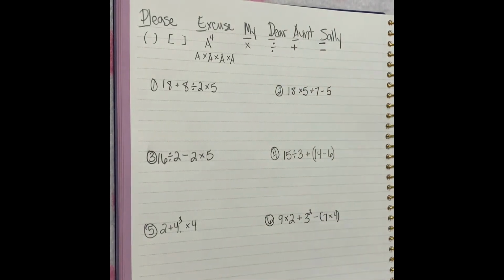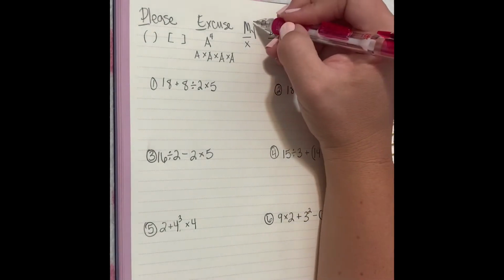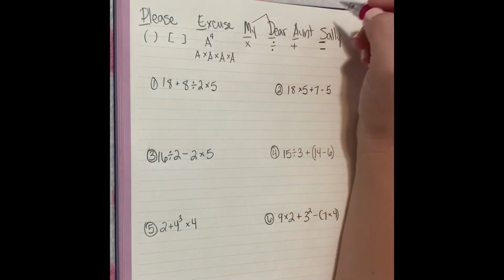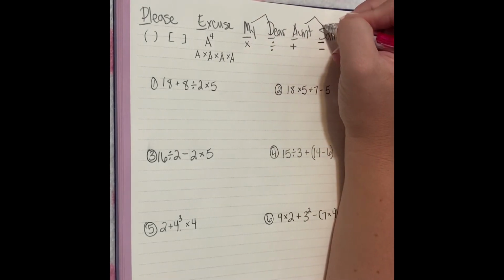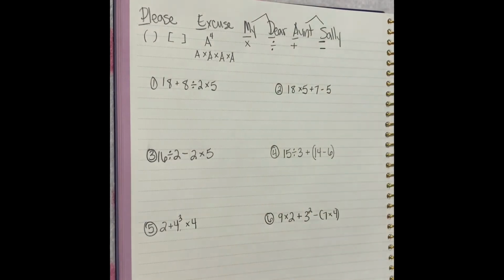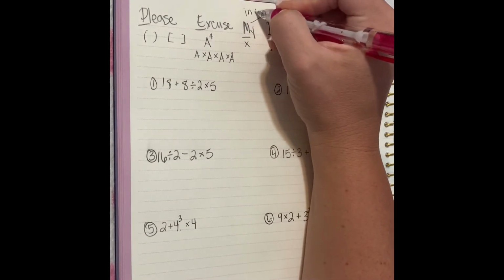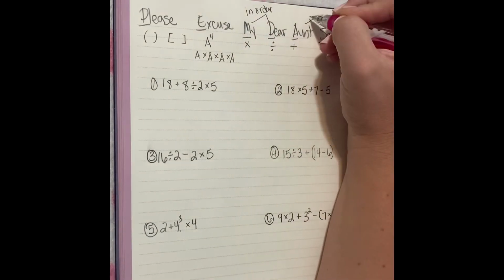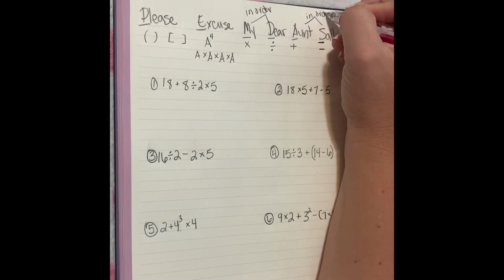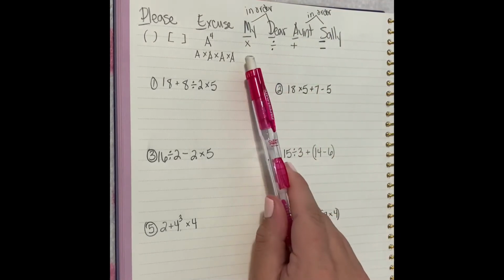Now, something that's unique is that whenever we have multiplication or division, or addition and subtraction, these two, you do them in the order that they occur in the problem. Okay? So, in order. That means you're not always going to multiply first.